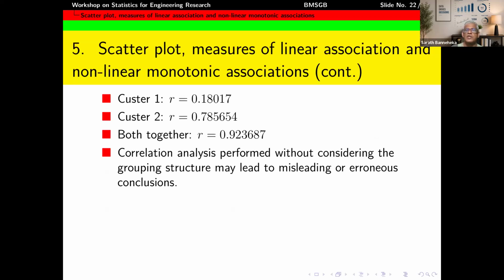Wrong. So that again shows you how important the scatter plot is. In this case, it's important to identify the clusters. The correlation analysis performed without considering the grouping structure may lead to misleading or erroneous conclusions. Right. So in order to see the clustering, you need to look at the scatter plot.